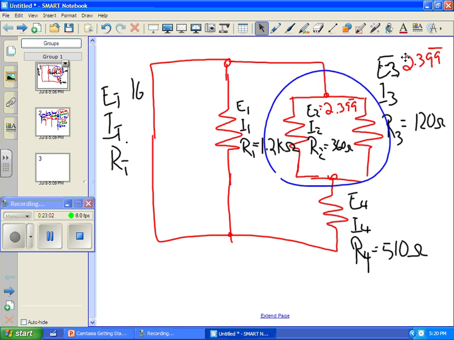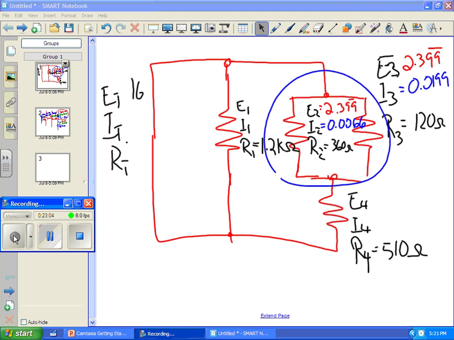Okay, so if we divide these voltages by the resistance, we'll get our current. So 2.399 volts divided by... Oh, wait, we already have our voltage and our current. We have everything we need. We've found everything, so we've resolved everything. And how did we do that?